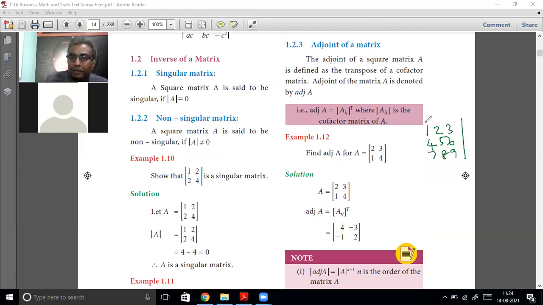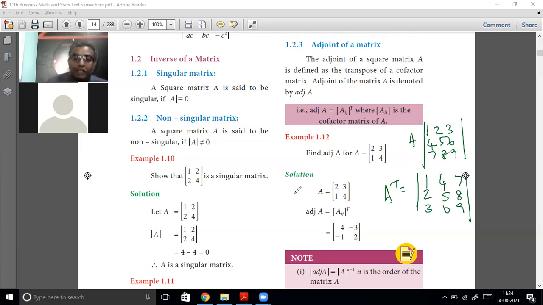The transpose of A is where all the rows become columns. Now, adjoint is not A transpose. Adjoint is the transpose of the cofactor matrix. You should understand this. The cofactor matrix is A of ij, correct?